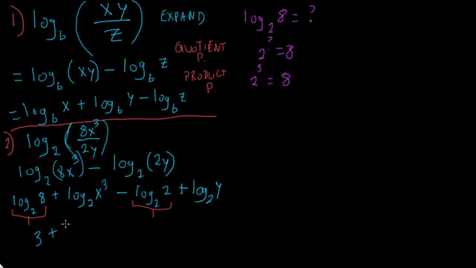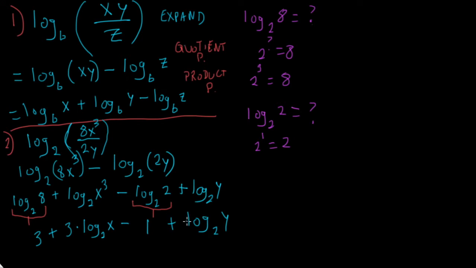So then we have 3 plus, now we can use the power rule to bring this exponent over here. So we have 3 times log 2 of x, minus, similar thing going on here. So we have log base 2 of 2. So let's see what that's going to give us. Now, if you'll remember, any time we have something to itself, it's always going to equal 1, because 2 to the 1 power is going to equal 2. So then this is just going to become 1. And then we have plus log 2 of y.